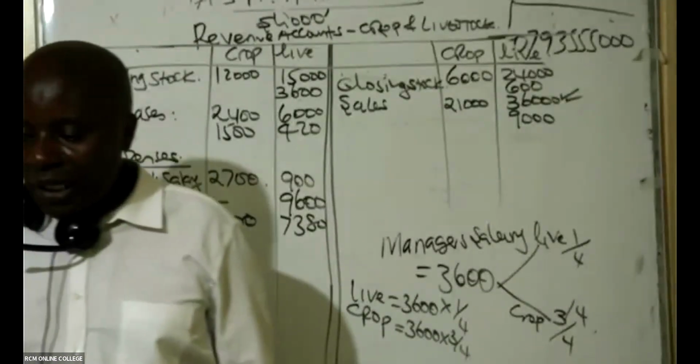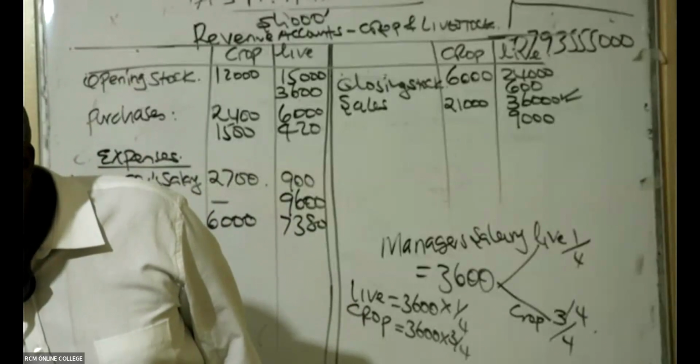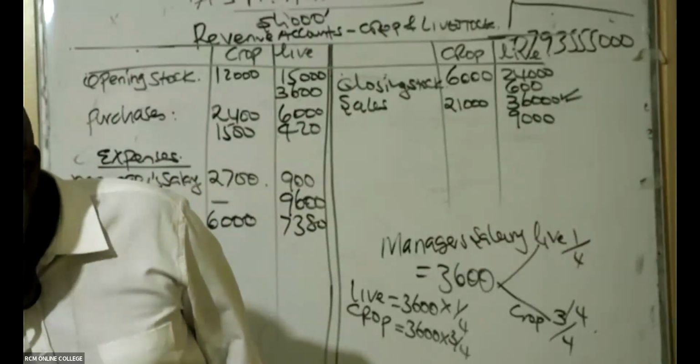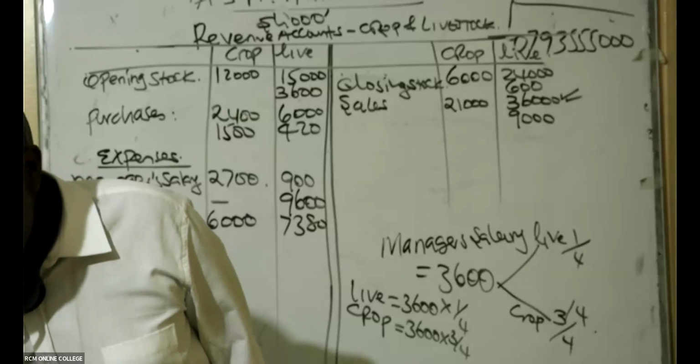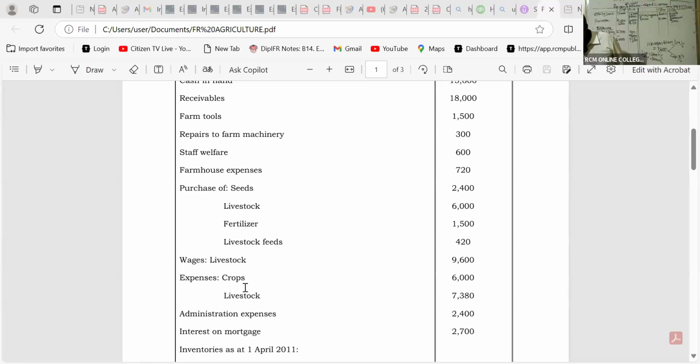Ladies and gentlemen, after that, we look for other expenses. You're simply combing through your trial balance to understand it very well. What is your comment on these administration expenses? Of course, even the additional information, they haven't told us anything.